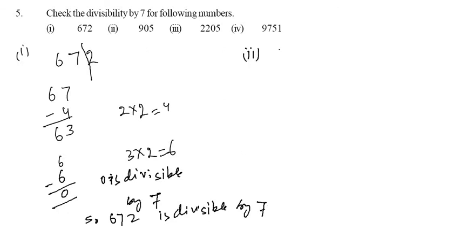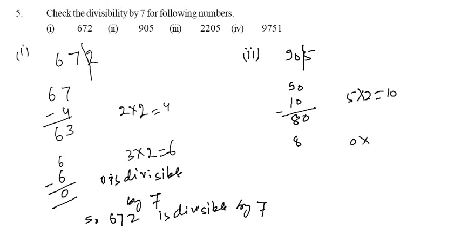That is 905. Further, it is divided into two parts like this: here is 90 and here is 5. The 5 is doubled, so we get 10. Now 10 is subtracted from 90, so we get 80. Now it is further divided into two parts, 8 and 0. The 0 is multiplied by 2, so we get 0.